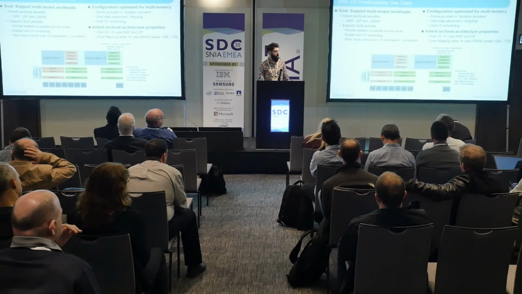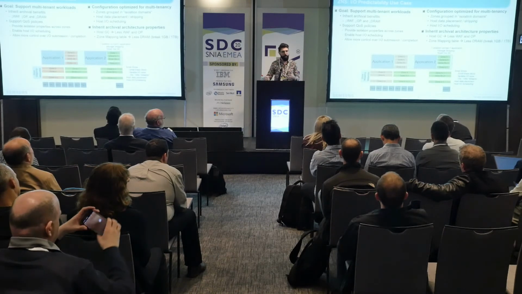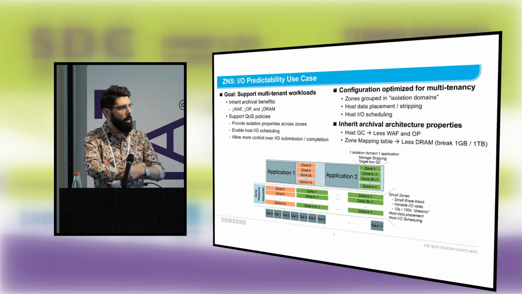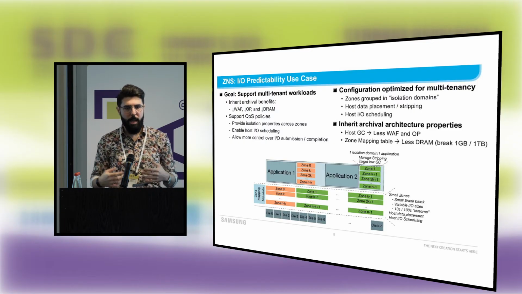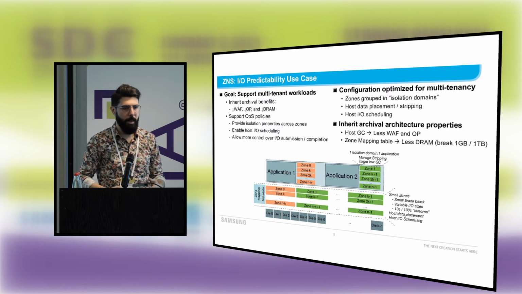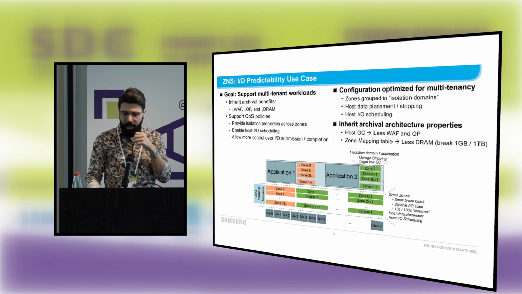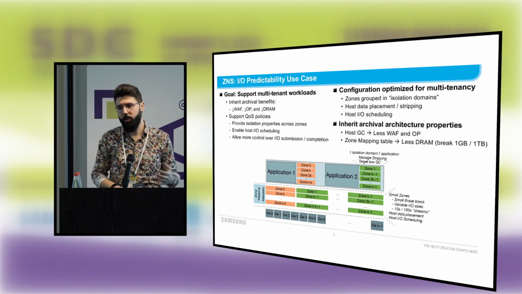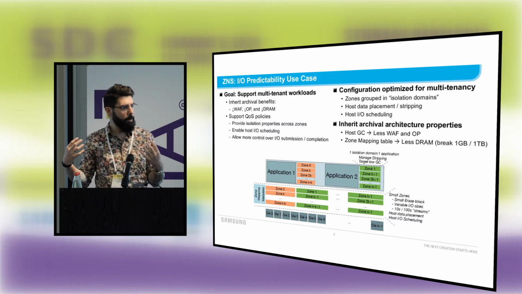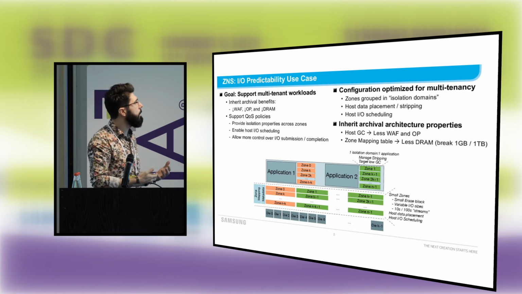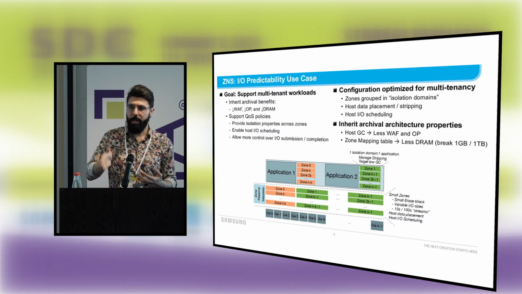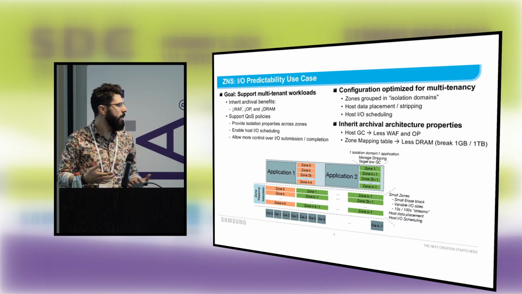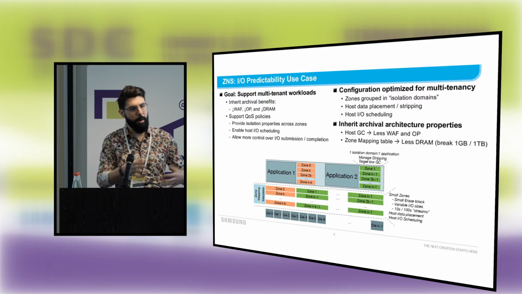The second use case I want to talk about, which comes very much from the open channel use cases, is using zones as a way to enable multi-tenant applications and deliver higher predictability. And the concept is pretty simple. Instead of thinking of zones as very large, probably laid out on QLC memory, why don't we use them as a mechanism to split out the device, which is very large either way, and then give the possibility to put different applications on different parts of the device.